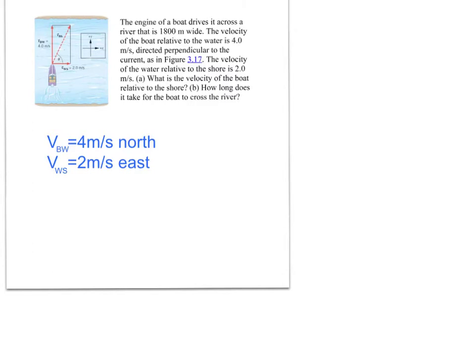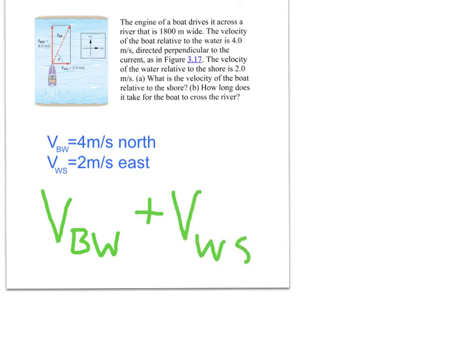Alright, so now that we have VBW and VWS, and we want to find VBS, let's write that out so it's a little bit more clear. We have the velocity of the boat with respect to the water plus the velocity of the water with respect to the shore. When we add those two vectors together, we get the velocity of the boat with respect to the shore.